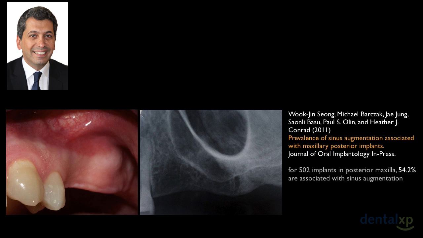There is an interesting study that was published by Song and co-workers lately, who calculated the prevalence of sinus augmentation associated with maxillary posterior implants. The authors found that out of 502 implants that were placed in the posterior maxilla, 54% of these implants were associated with sinus augmentation, which is a huge amount, considering that more than half of our implants in this region will need a certain type of sinus floor augmentation.